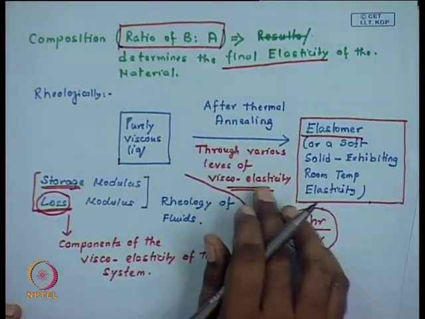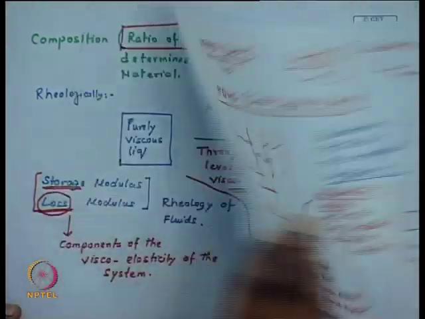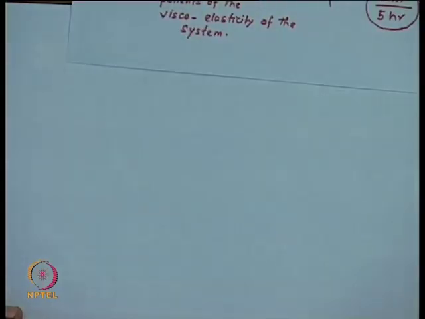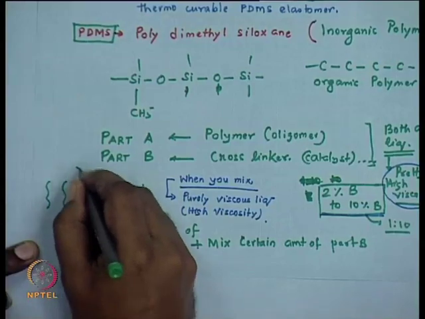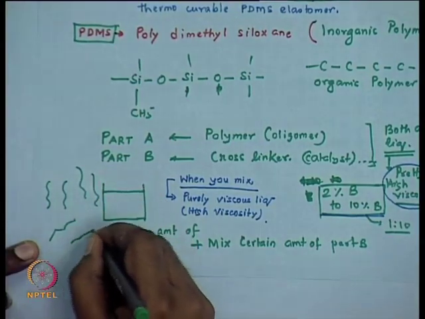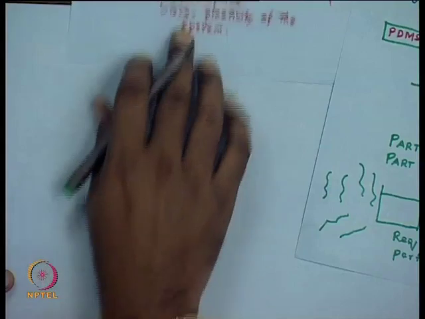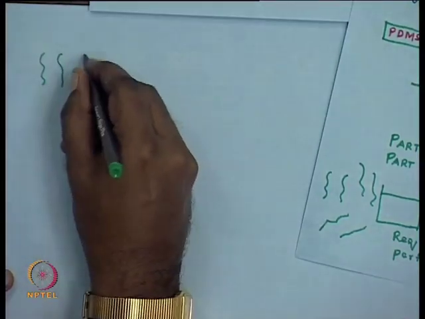through various levels of viscoelasticity. But the other side of the picture is that initially, when you take the reaction mixture, you have isolated molecules of PDMS roaming around within the system. So, you have isolated molecules.